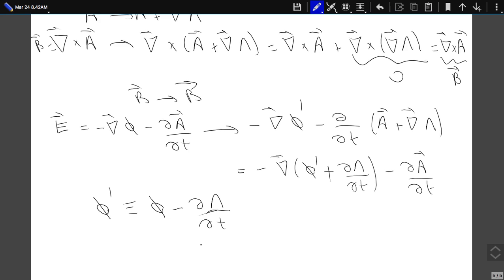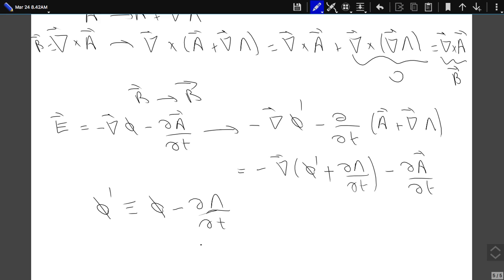What I am claiming now is that if instead of A, I use A plus the gradient of lambda, lambda being some arbitrary function, I don't impose any condition on lambda, and at the same time I change phi into phi minus the time derivative of exactly the same function lambda.